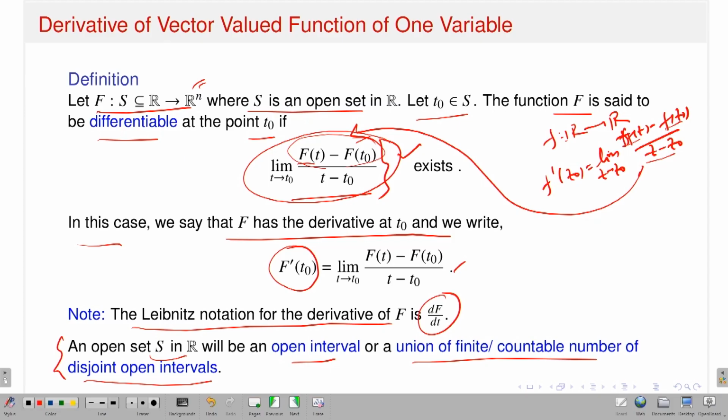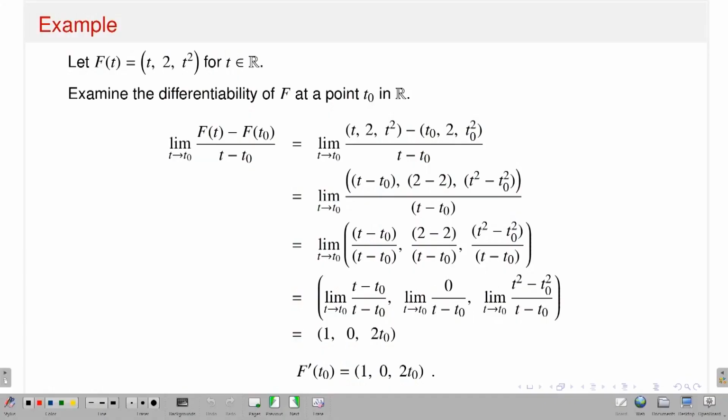So, many books start with the definition on an open interval, but more generally you can start with open sets. So, you can start with an open interval as well.